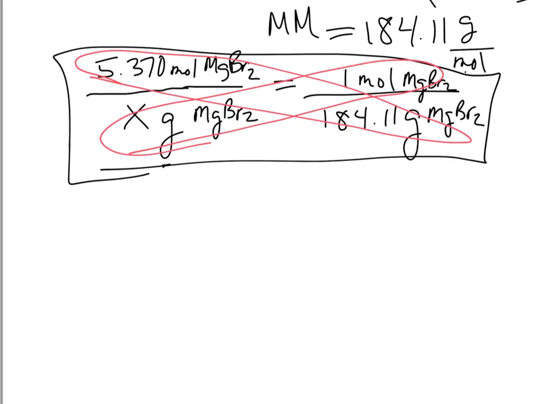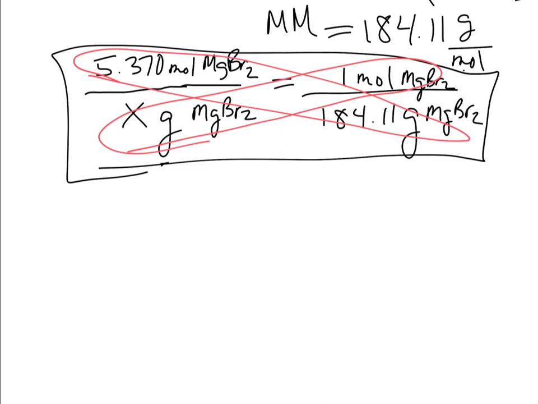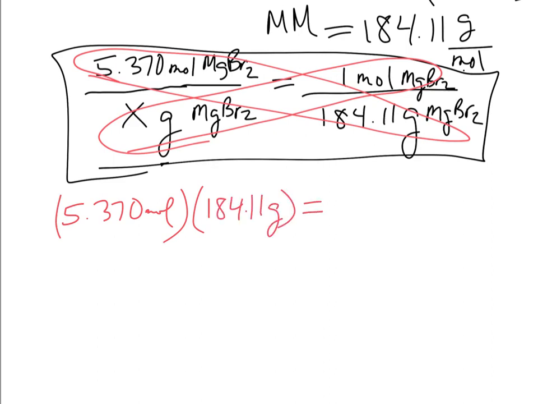So after cross multiplying, I would end up getting 5.370 moles times 184.11 grams equals 1 mole times x grams.